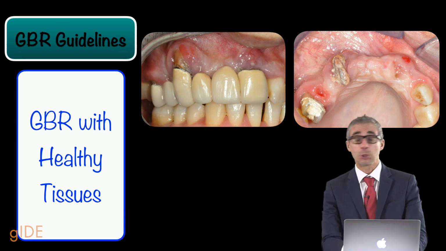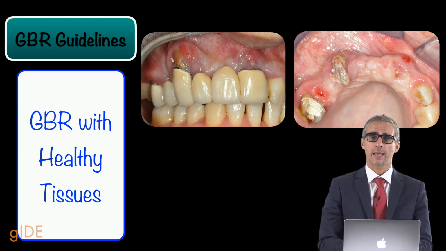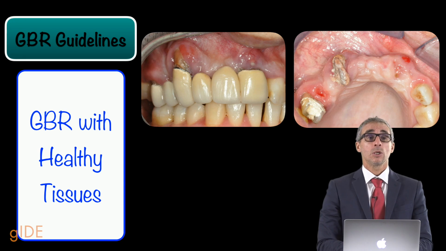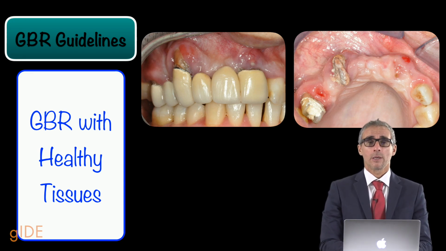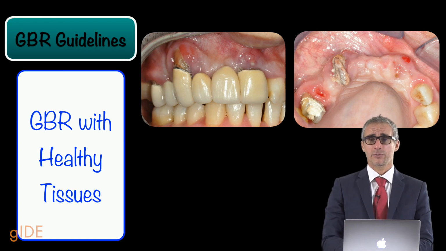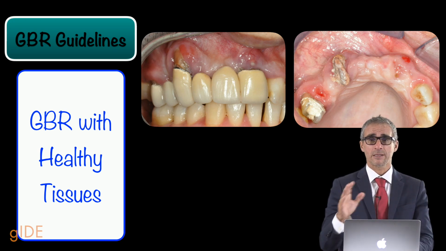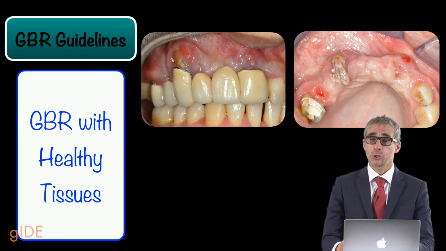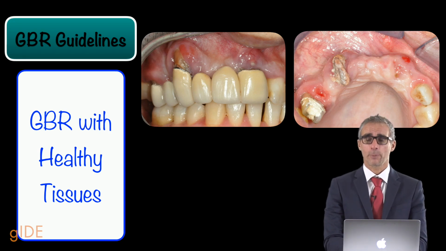But I don't want to close the flaps for first intention. I don't want to gain something of bone with the grafting of the material. I would like to maintain the integrity of the periosteum, and for this I don't like to close the flaps on top of the alveolar site.